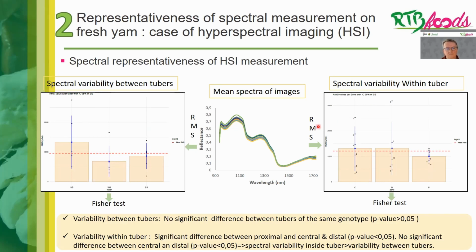Okay. So as we said, we have the proximal, central, and distal zones for each tuber. And here on the left, you see this plot of the spectral variability. We see the RMS values obtained by tubers. Here in red dashed, you have the total average RMS, and here in the columns you have the average RMS for each tuber.